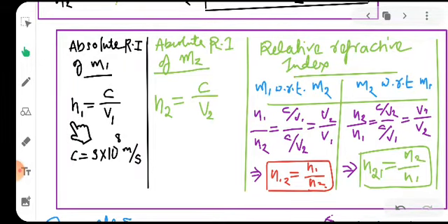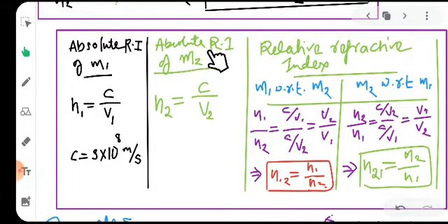It's as simple as this: refractive index of material 1, which is n subscript 1, equals speed of light in vacuum, which is c, over the velocity in medium 1, which is v1. So c over v1, and we know the standard value of c is approximately equal to 3 into 10 raised to 8 meters per second. You know this notation is the scientific notation of 3 followed by 8 zeros.